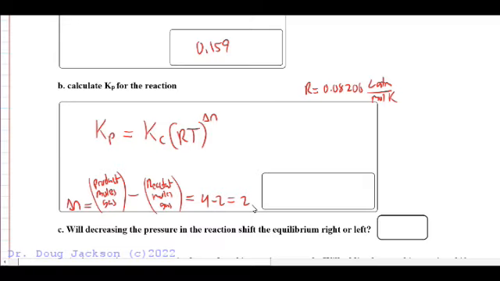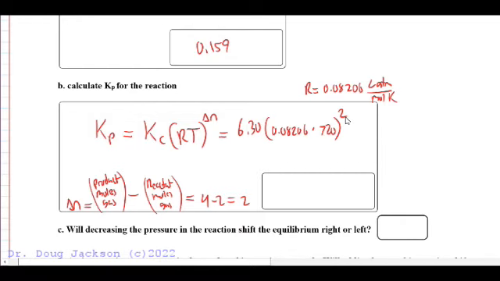Okay, and so if we say, all right, well, what's this going to work out to? 6.3 was the forward reaction. Calculate Kp for the reaction. 6.30 times the ideal gas constant, 0.08206 liter atmospheres per mole Kelvin times 720 Kelvin raised to the 4 minus 2 or raised to the 2.